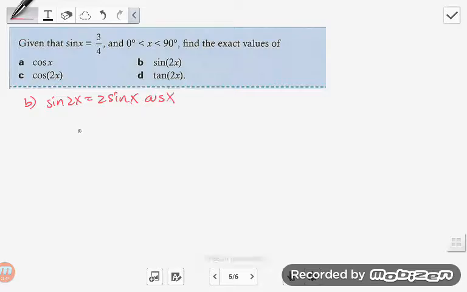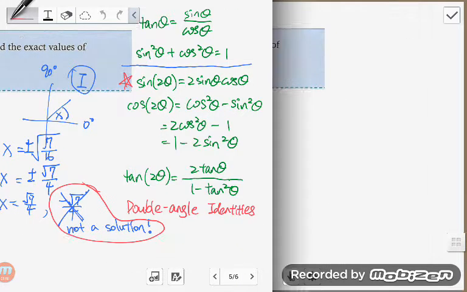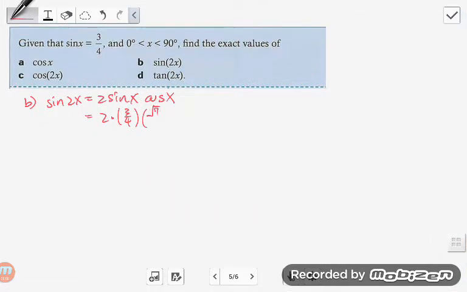From my sine x, it's just 2 times 3 over 4 times cosine x, which was equal to root 7 over 4. And that gives us 3 root 7 over 8. Okay? So my sine 2x is equal to that.